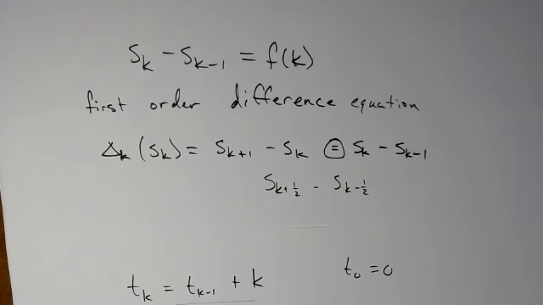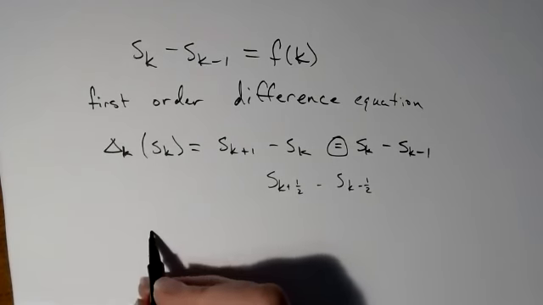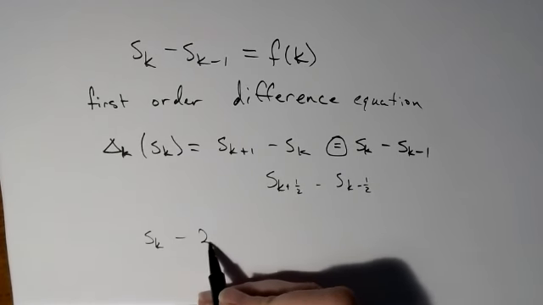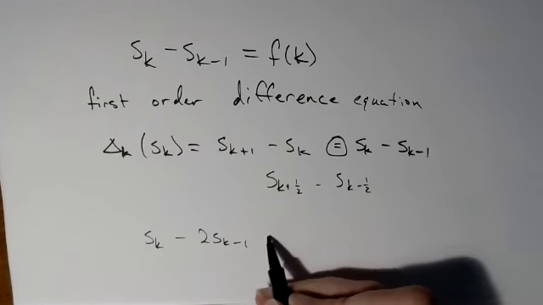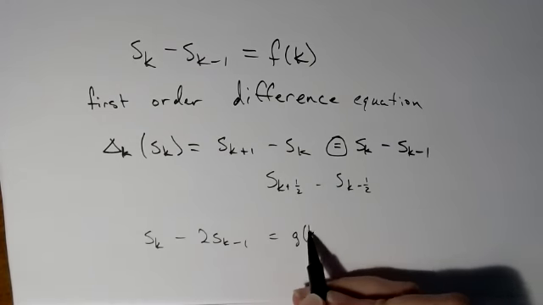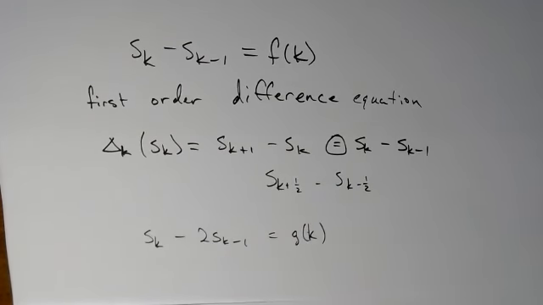But recurrences in that form come from first order difference equations. And truthfully, even if it was a little bit more, if it was s_{k-2}, s_{k-1} equals some g of k, we can consider that a first order difference equation too. It's just not as nice of one.